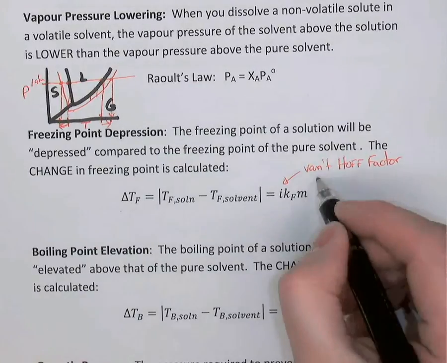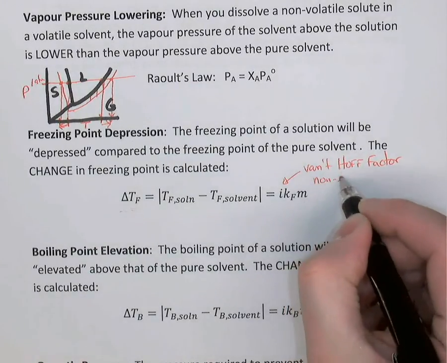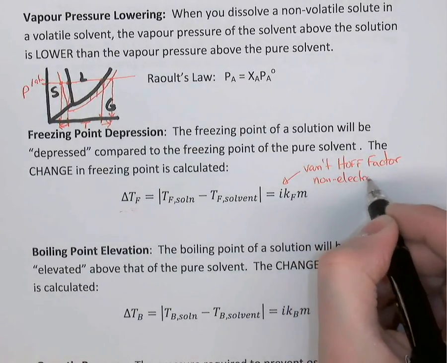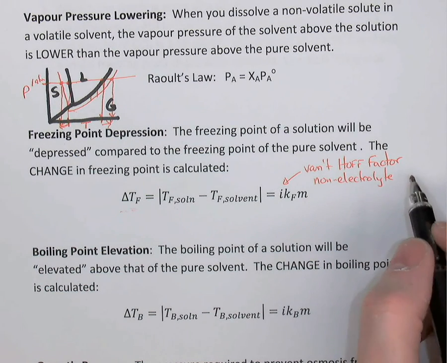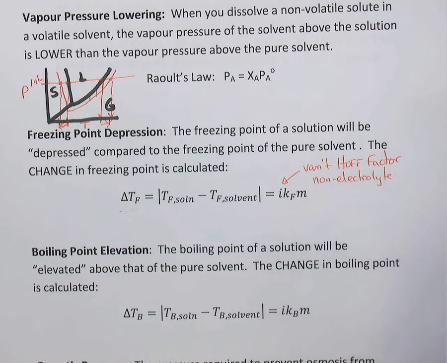If you were to dissolve a non-electrolyte, that is a solute which does not break apart into ions. So for example, a molecular compound, so something made of only non-metals like sugar, C12H22O11.